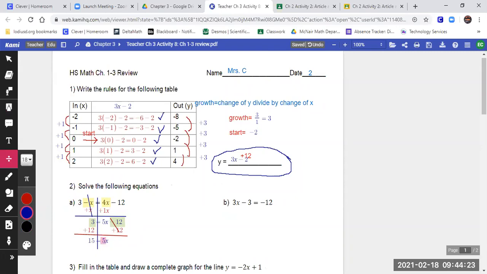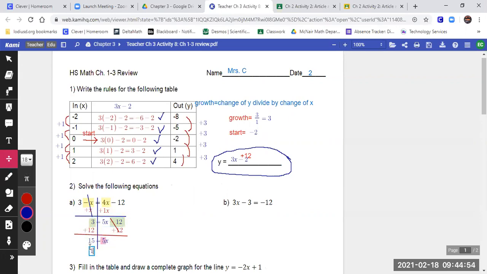So how am I going to move that 5? What am I going to do? Division of what? Be specific. What are we dividing by? 15 divided by 5 and 5 divided by 5, exactly.